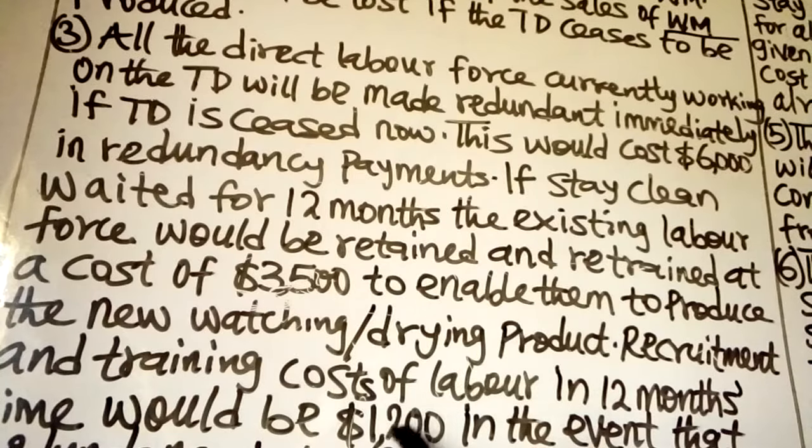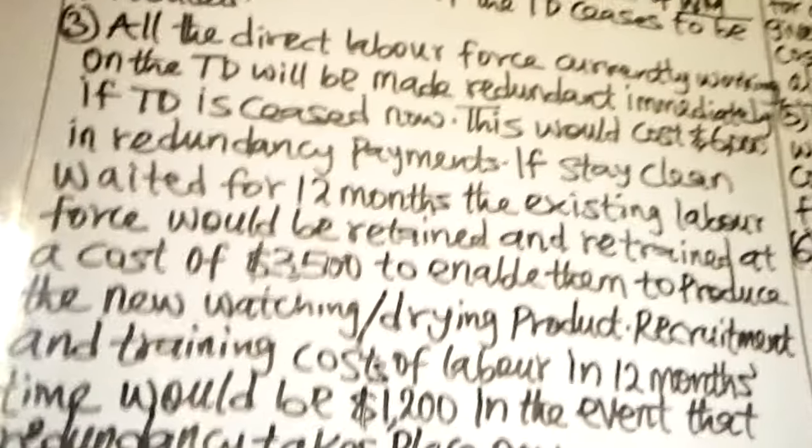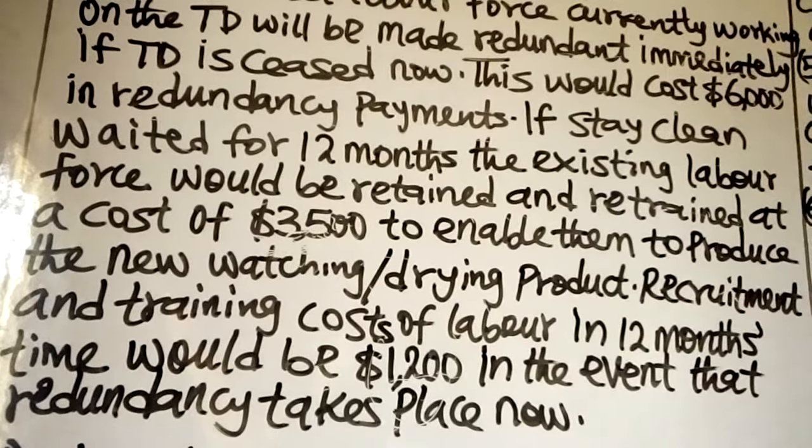Now, the other one too, the 1,200 will be incurred in the event that the redundancy takes place now. If you cease TD now, then you will incur the recruitment cost of 1,200. So that means this 1,200 will be treated as an outflow.